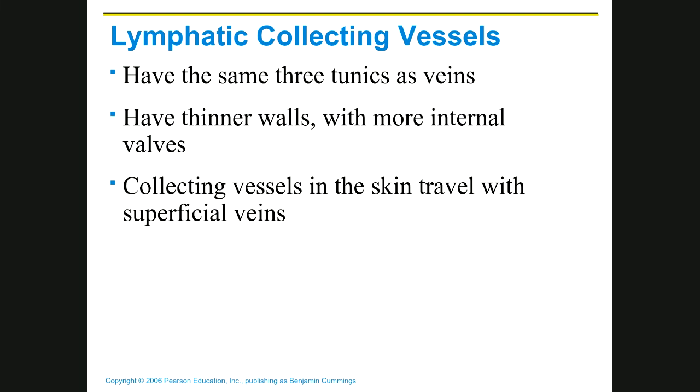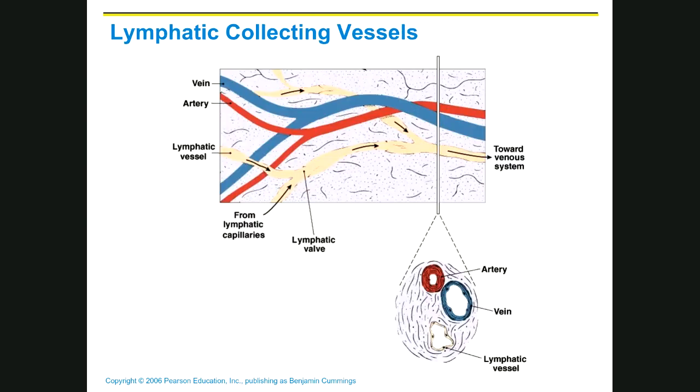And from there, we go to the lymphatic collecting vessels. If we look at them, they're very, very similar to veins. They have 3 layers, just like veins and arteries do, but they're thinner. So there's an artery, there's a vein, and there's a lymphatic.